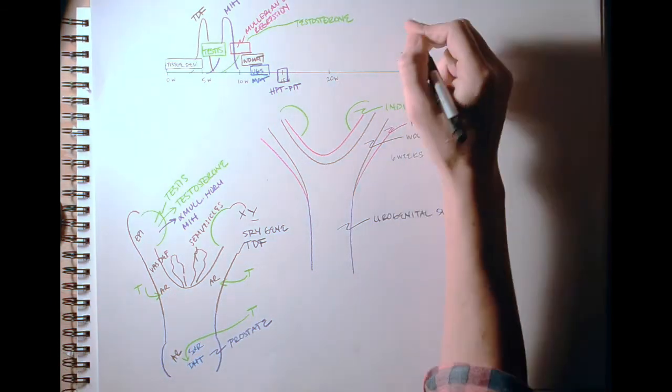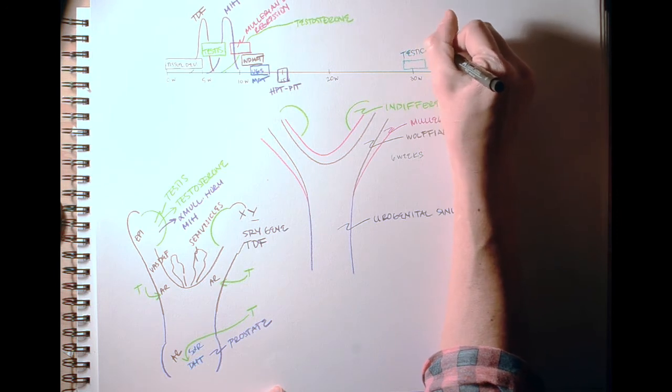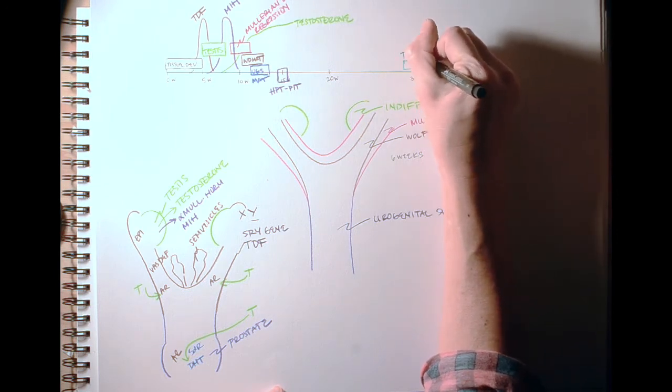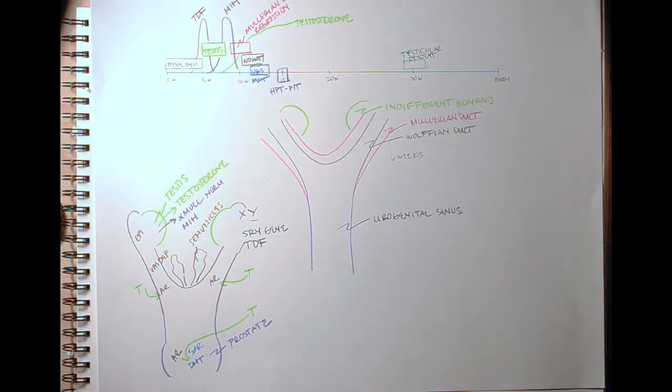So testicular descent should also happen prior to birth. Again, all of these processes are primarily determined by testosterone, except for development of the testes. This will always happen in the genetic male that expresses the Y chromosome.